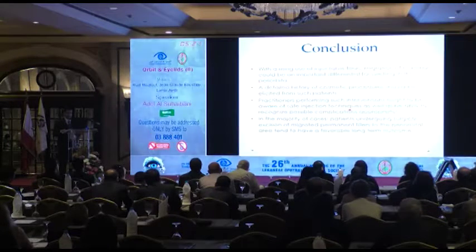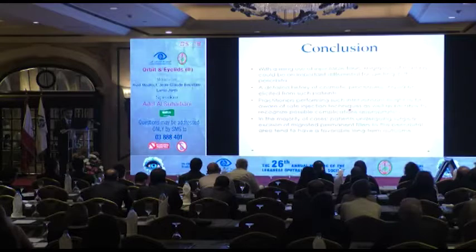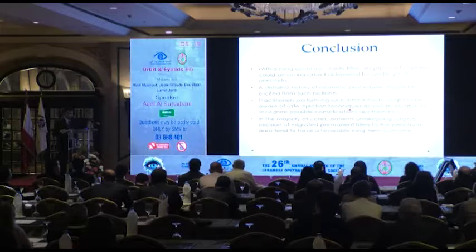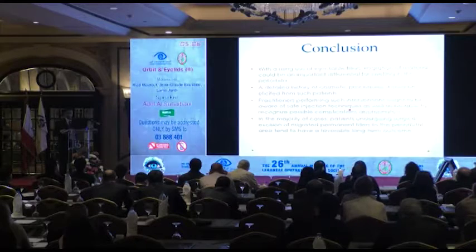Practitioners performing such interventions really have to be aware of this complication and the possible ways of treating it. In the majority of cases, patients undergoing surgical excision of migrated periorbital material tend to have a favorable long-term outcome. However, patients need to be aware of possible recurrence.